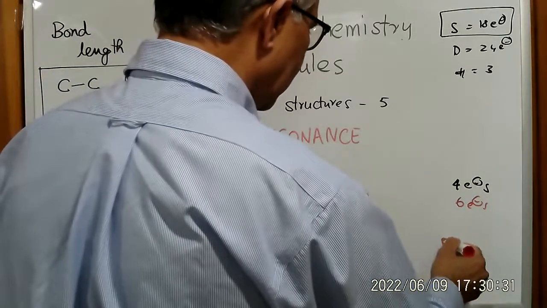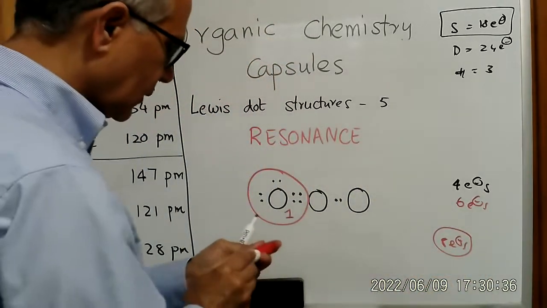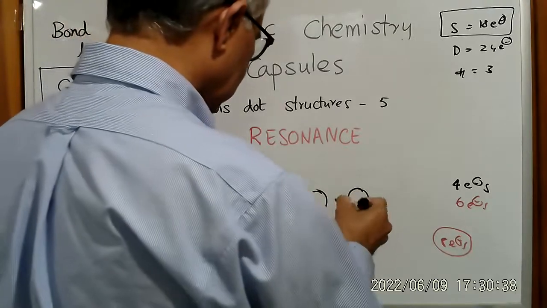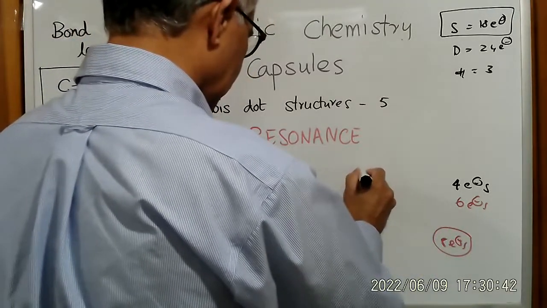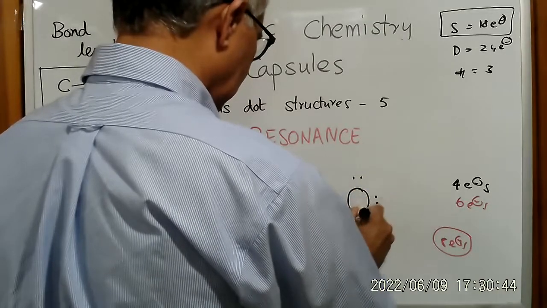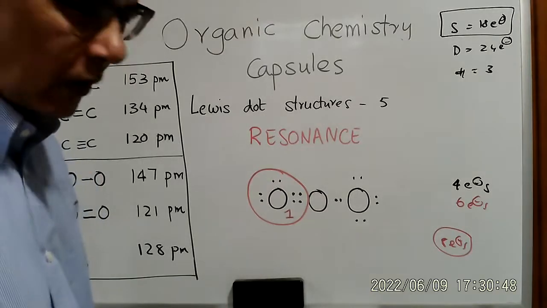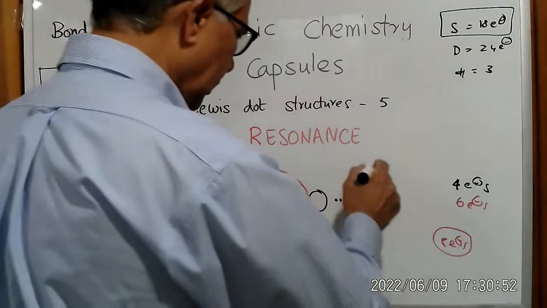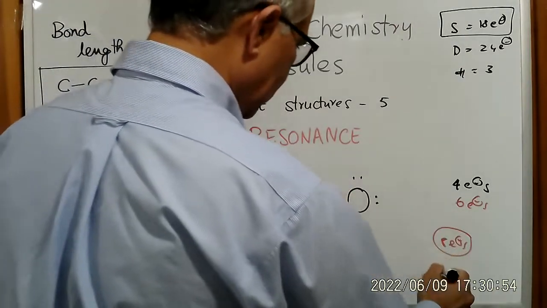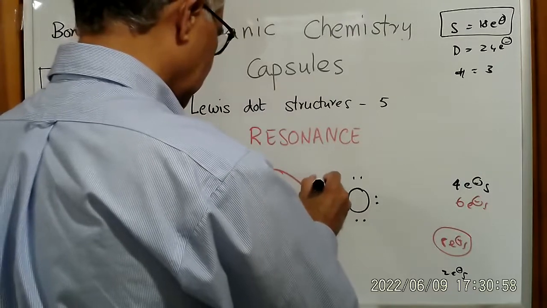There's still 8 more electrons to be used. So let's go to the other oxygen atom. This one, and let's say we give that an octet. Now we used up another 6 electrons, so 2 electrons are remaining. The 2 electrons are on this oxygen.